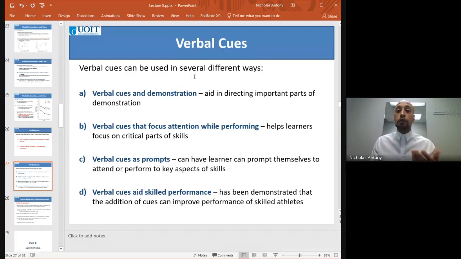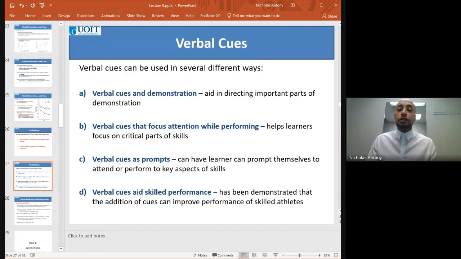So by adding verbal cues, it's like, oh yeah, direct to that part of the demonstration. You could have verbal cues provided to beginners or learners to have them focus their attention on specific aspects, whether in the environment or on particular parts of their body. You can do verbal cues as prompts.